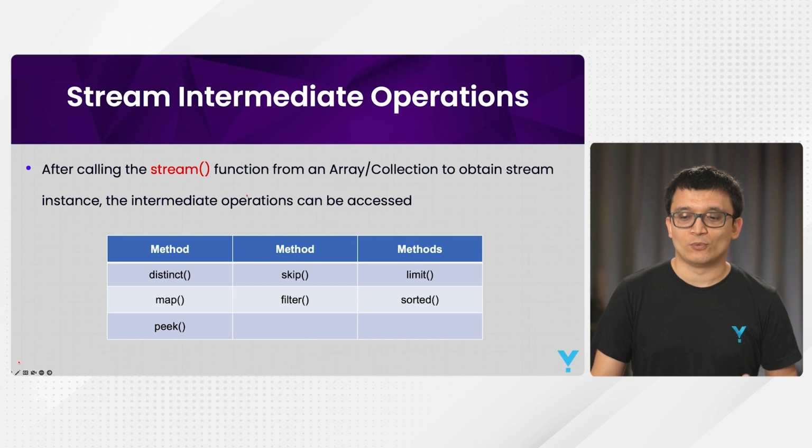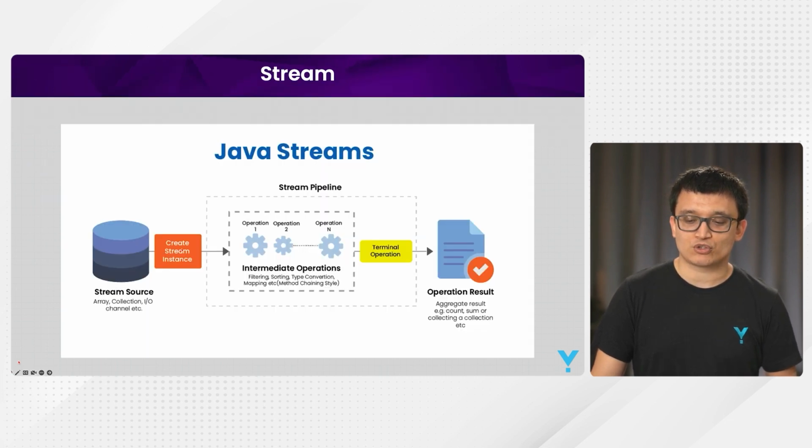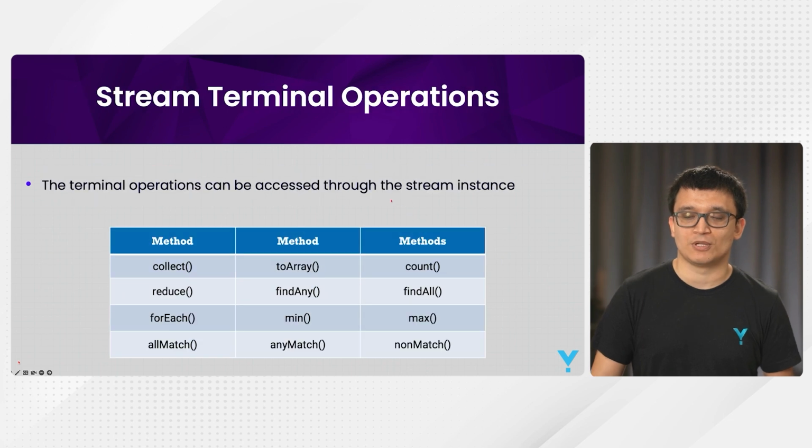Once the intermediate operation returns a stream instance, you can still call the terminal operations from it. You can call one of those methods which belong to the terminal operations. As long as there is a stream instance, the terminal operations can be accessed.